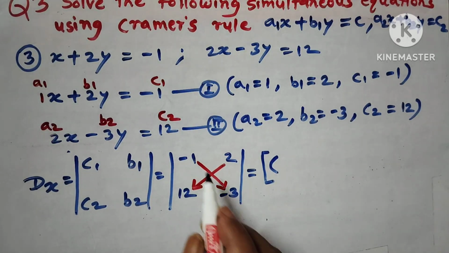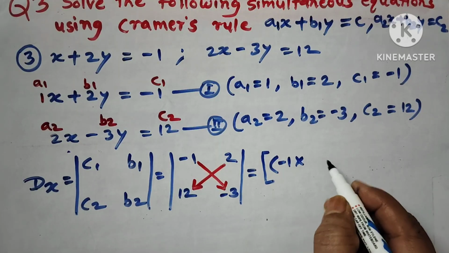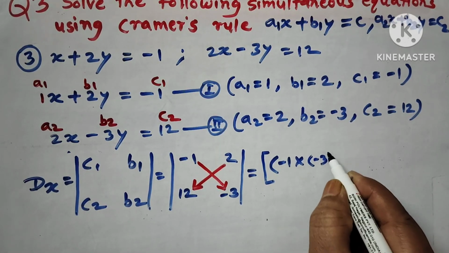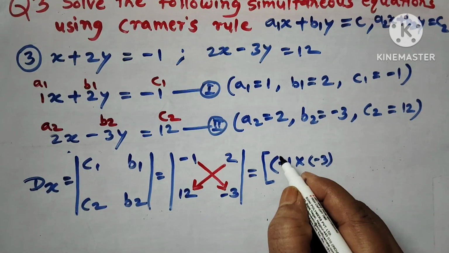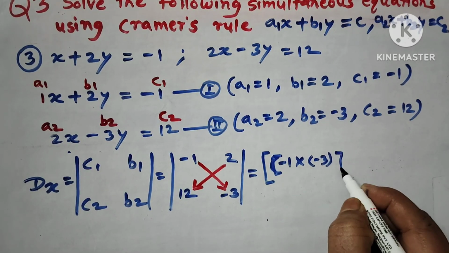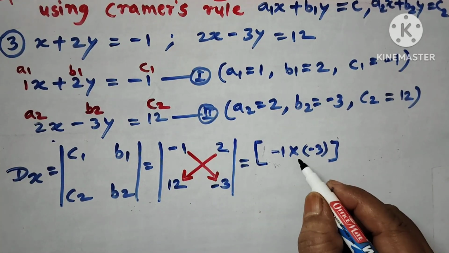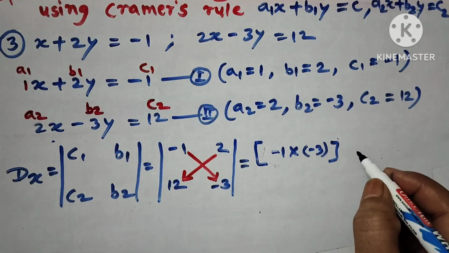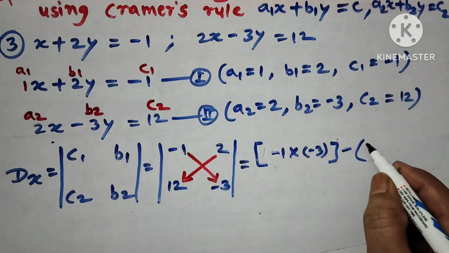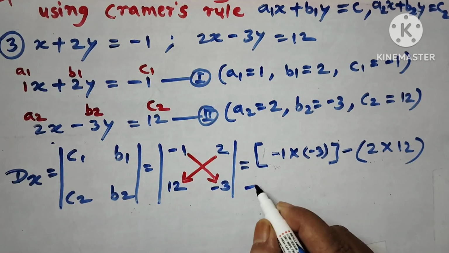First multiplication: -1 into -3, minus (2 into 12).